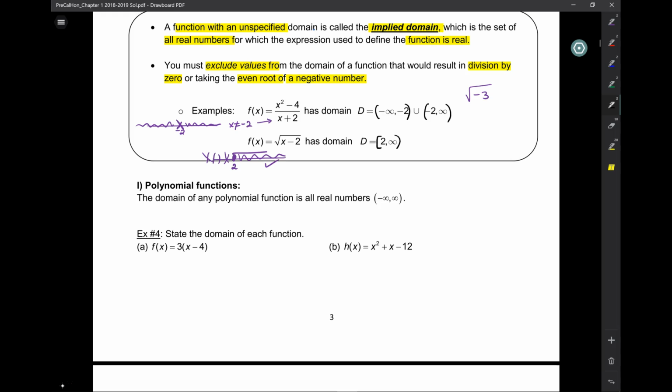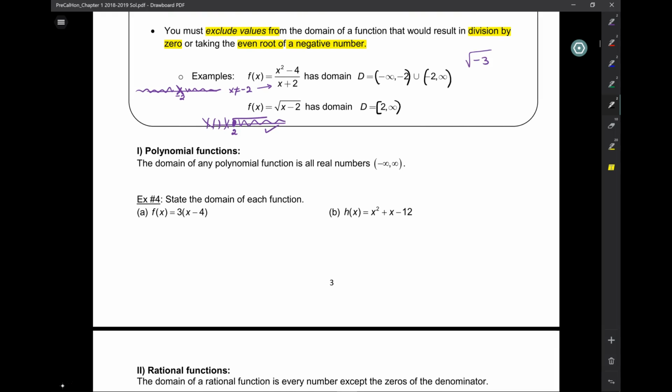A polynomial function is one where the variables, like x, have exponents which are 0 or positive integers. So x to the 0, x to the 1, x to the 2, x to the 3. An example is f of x equals 3x to the 4 minus 2x cubed plus 3x, and so on.